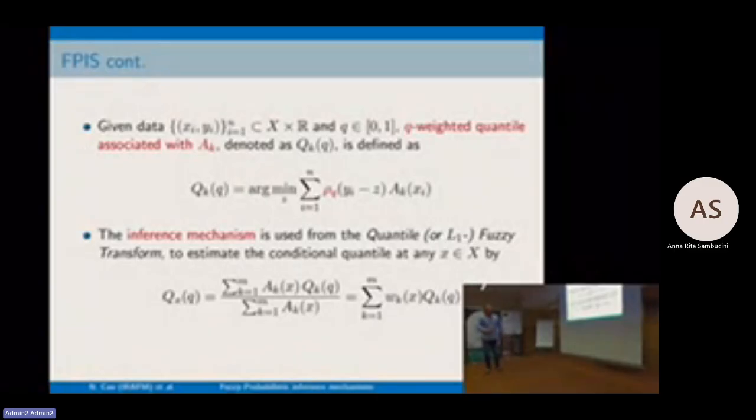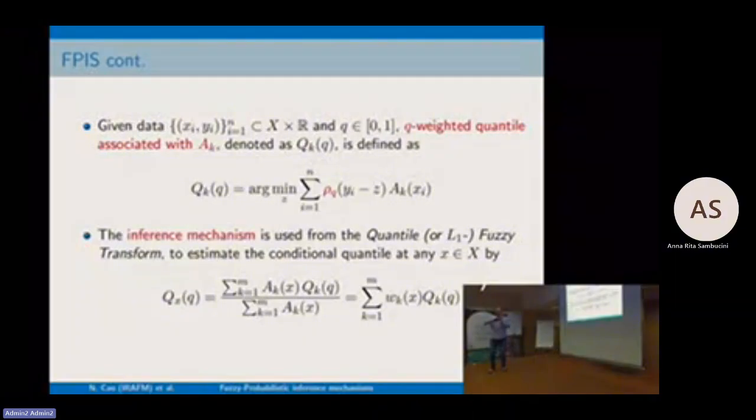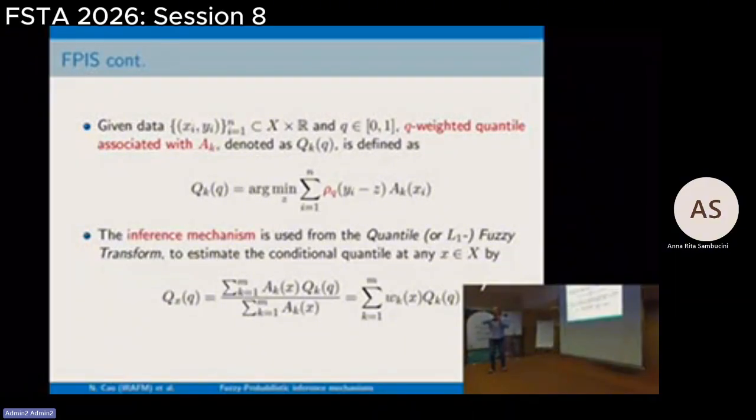So we consider a weighted average of quantile functions for given q. In this way, we find a function over all x, which could be like a Q layer for probabilities.